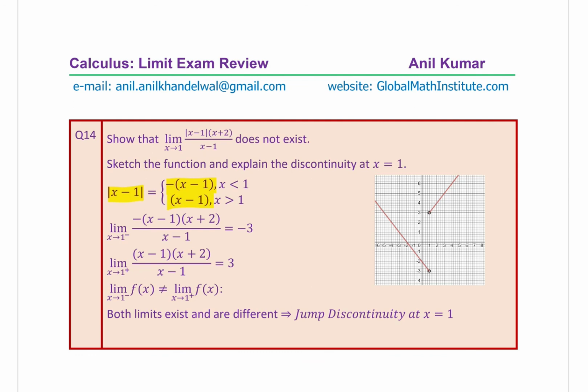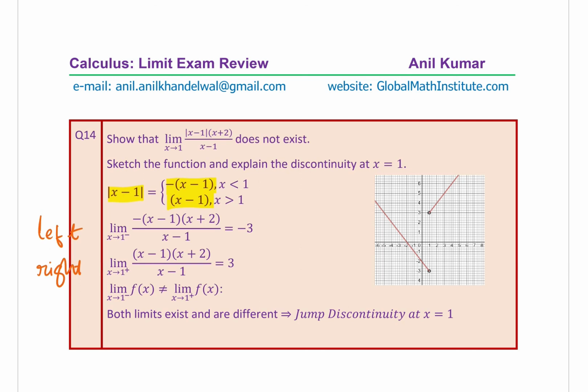And then rewrite your equation with two pieces, one from the left and the other from the right. So for the left side limit, substitute absolute value of x minus 1 with minus of x minus 1. And for the right side, it will be plus of x minus 1.